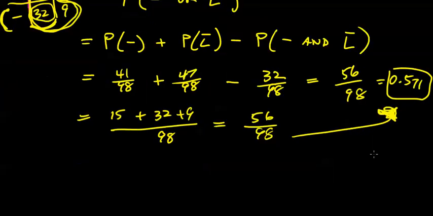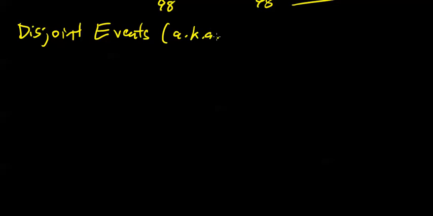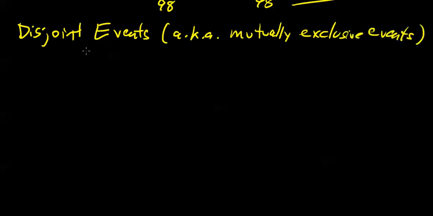Alright, disjoint events. You may have heard that term before. Disjoint events are otherwise known as mutually exclusive events, and that's a fancy way of saying they can't happen simultaneously.